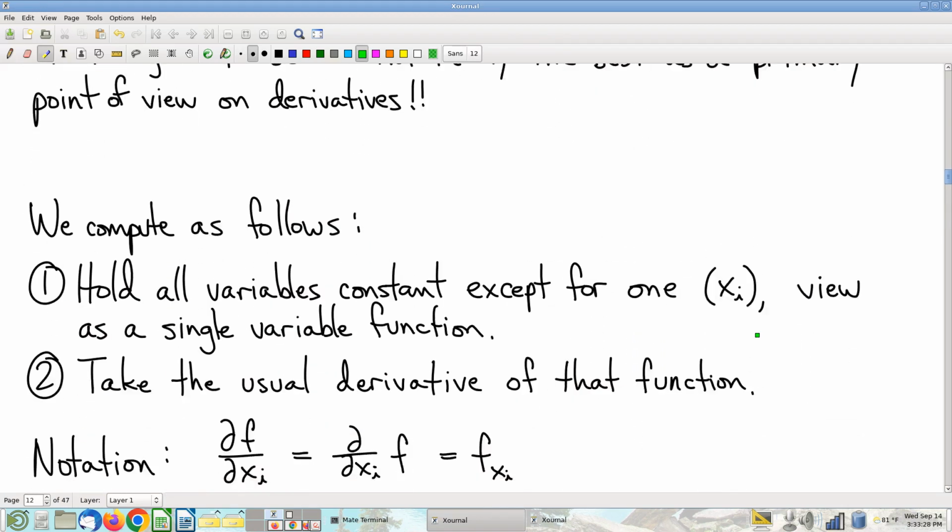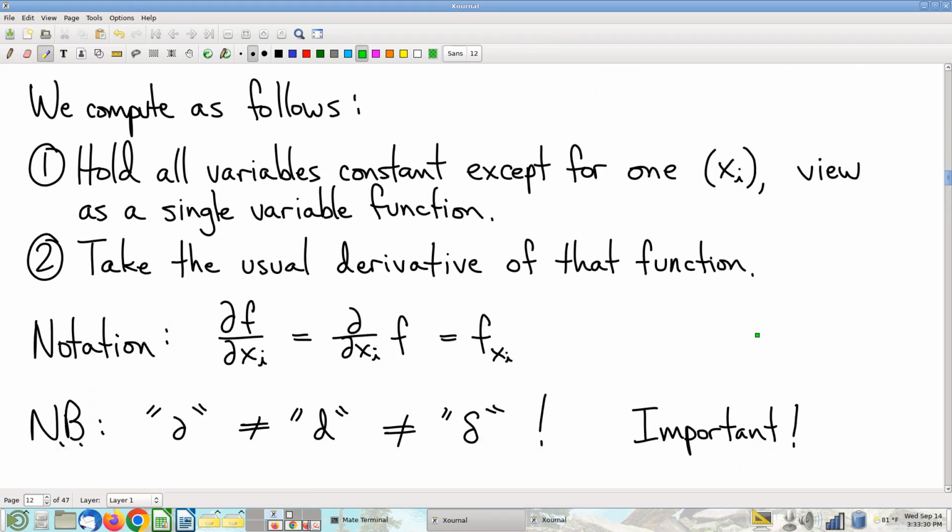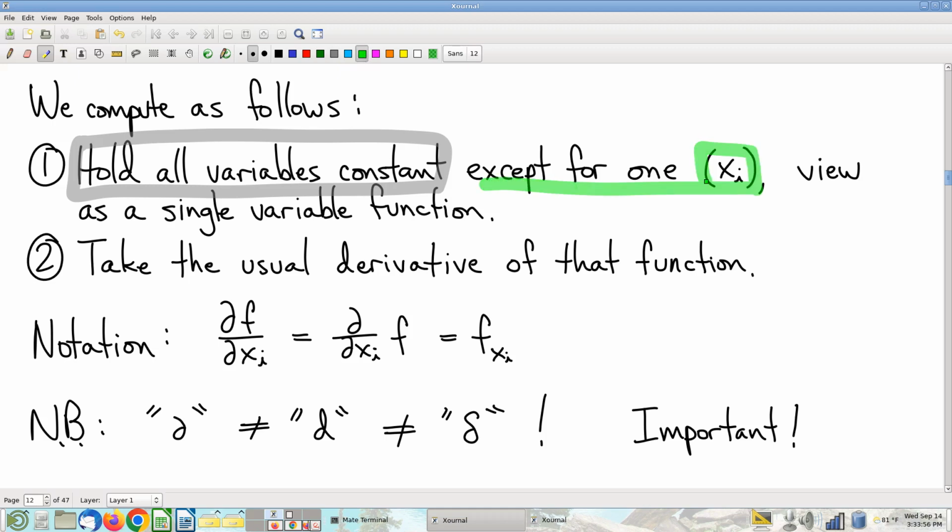Okay, so here's how you compute them. We're going to actually do several on the next page. But the general process is we've got several variables, and we're going to hold most of them constant. We've got 3 variables, 5 variables, whatever. Just fix almost all of them. Hold them constant. Don't allow them to change. Pretend like they're a constant, except for one of them. That one variable, whichever one, you can pick any variable you want, that's the one that's going to remain a variable.